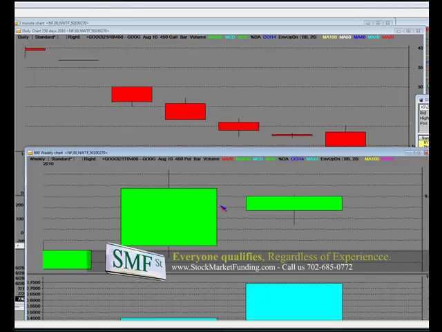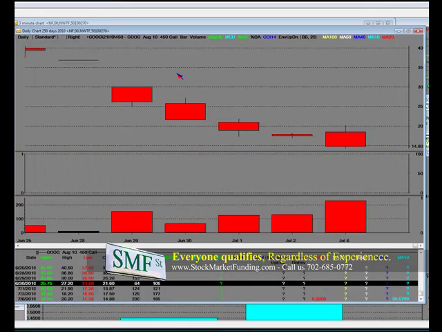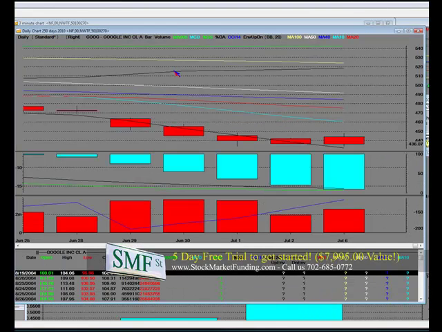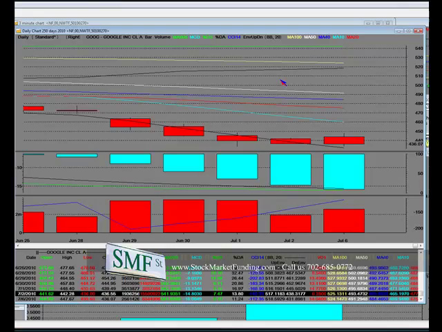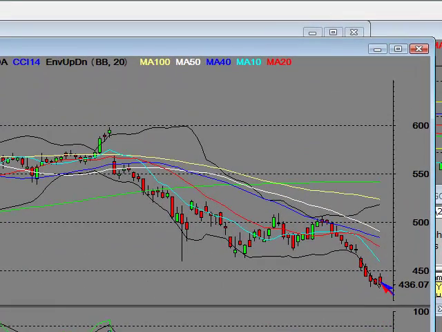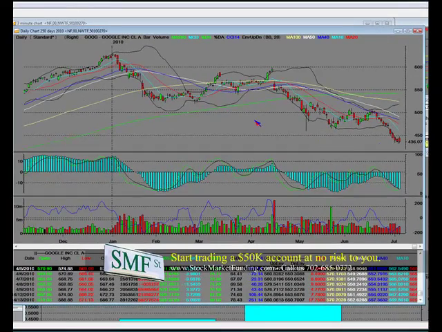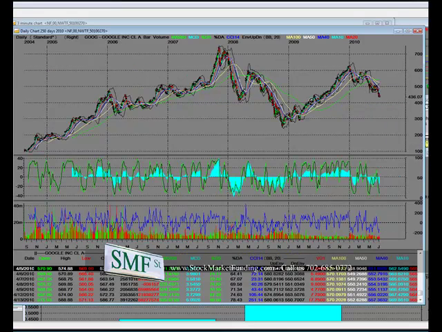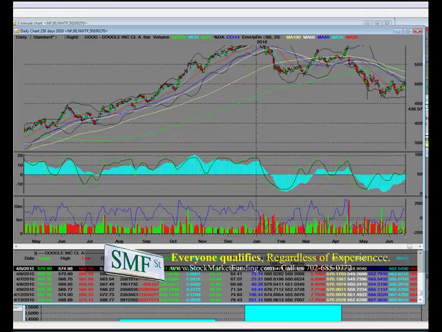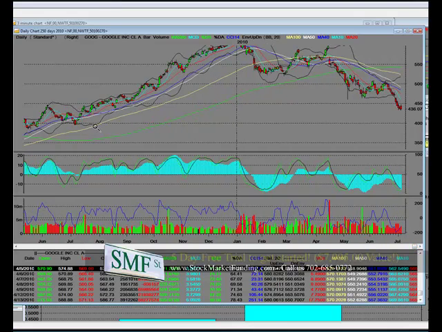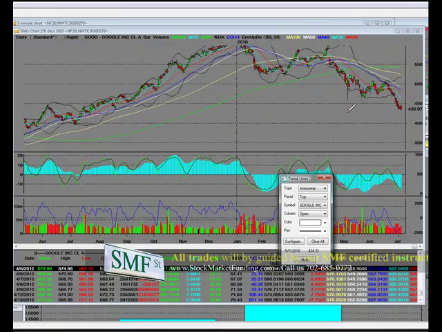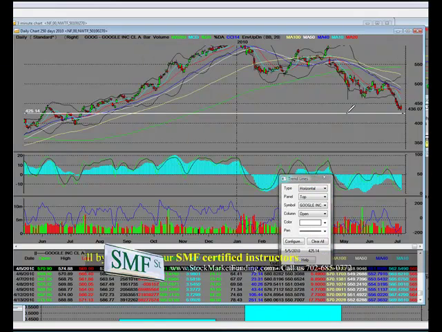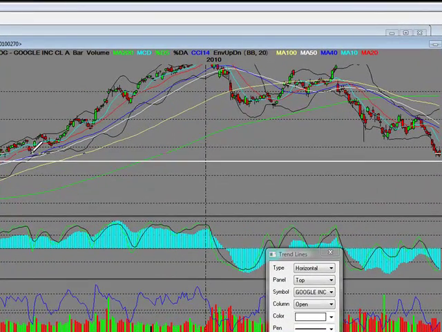And the Google daily chart, you can see from a daily perspective, from that 500 area, we've run straight down. To get back to these support levels, you have to go clear back to last summer in 2009, in our uptrend. I can draw this trend line right here horizontally for you, which is not a problem. There's a gap sequence at 425.